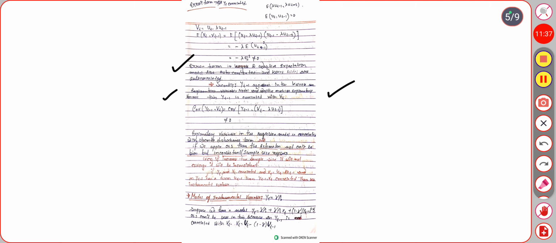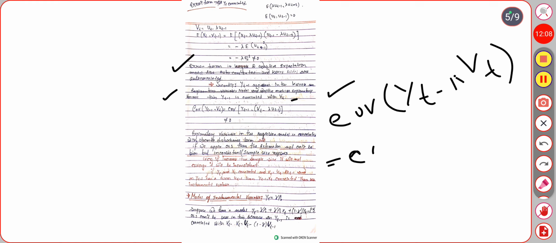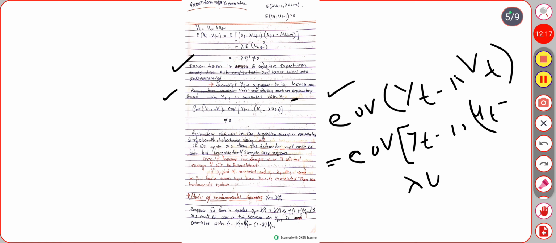This yt minus 1 is correlated with vt, and the covariance of yt minus 1 and vt is equal to the covariance of yt minus 1 and ut minus lambda ut minus 1, which is ultimately not equal to 0.